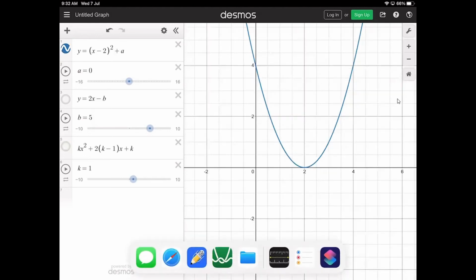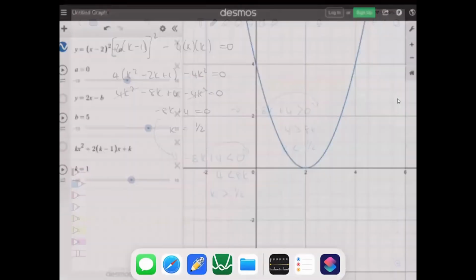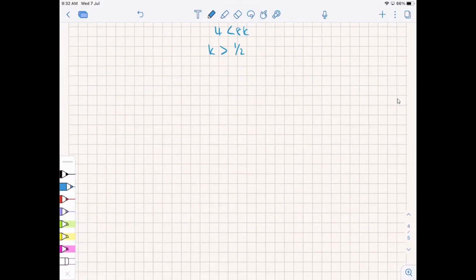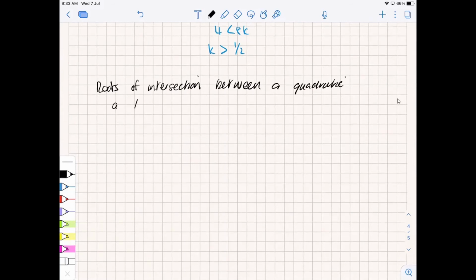And another interesting topic that we want to think about is the number of solutions, or the number of roots of intersection between a quadratic and, in our case, just a line.